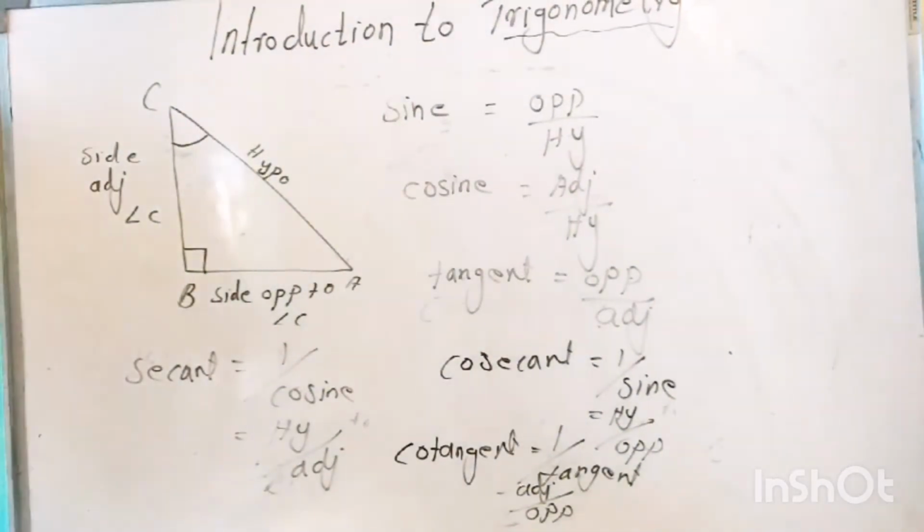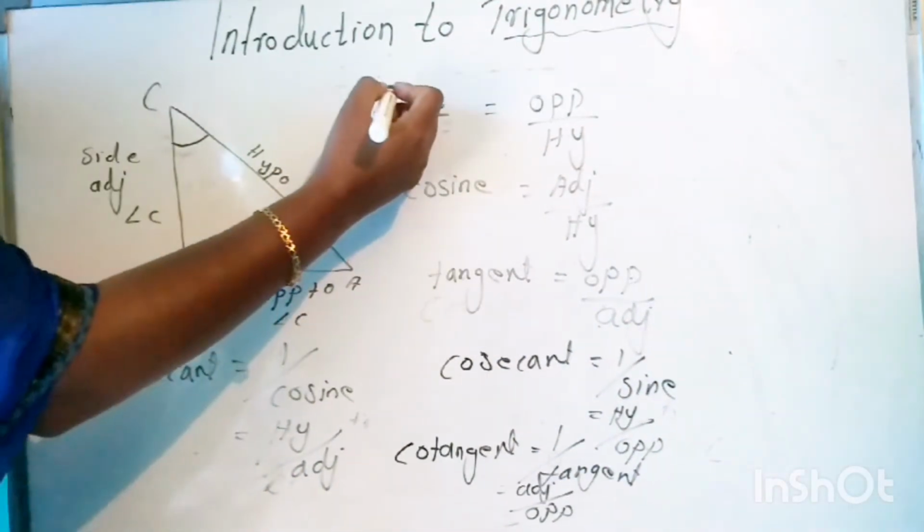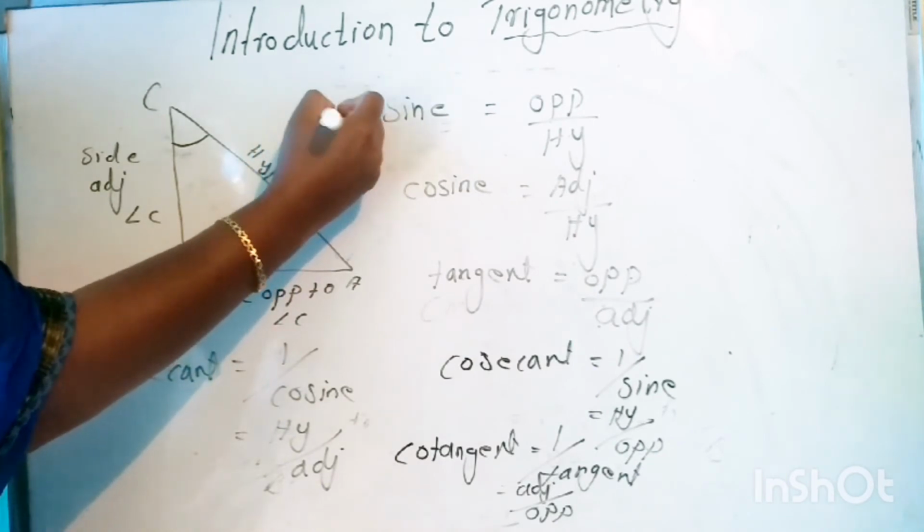And these trigonometric ratios are abbreviated as follows.